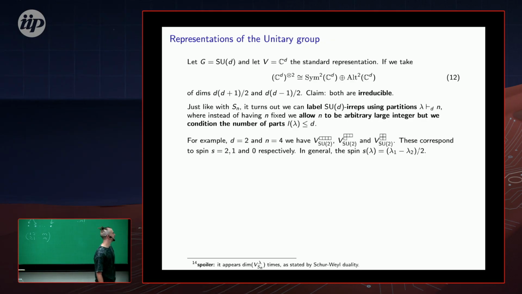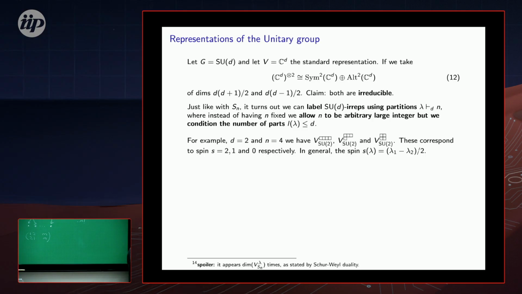So for example, all of these are representations of SU(2), therefore spin representations, with 4 boxes, right? The way to read what's the spin, again, SU(2), means that the Young diagrams, or the partitions that label irreps of spin, must be at most 2 rows.